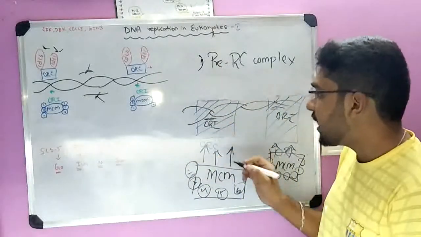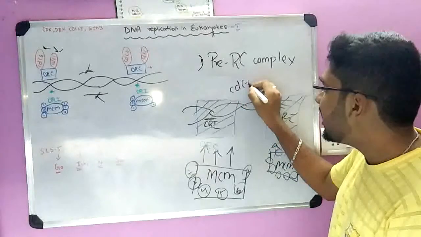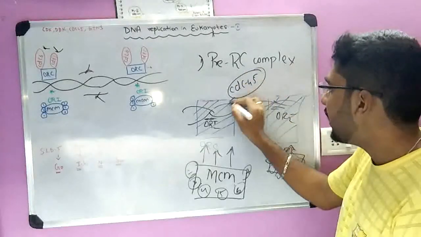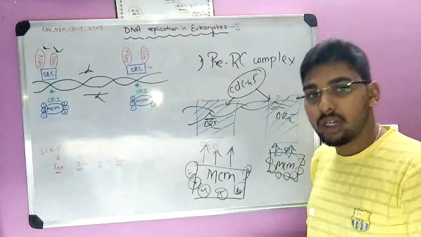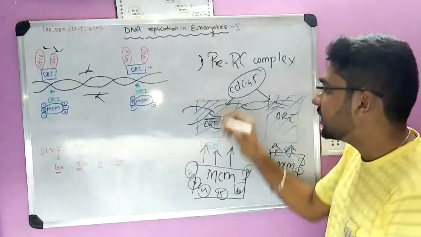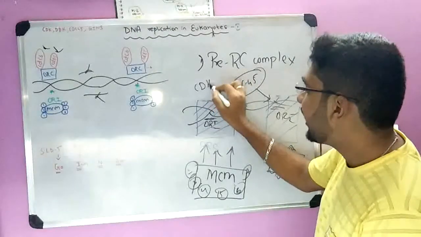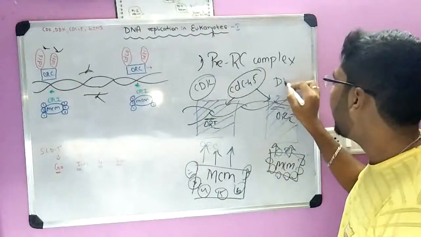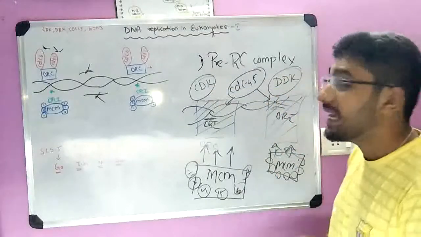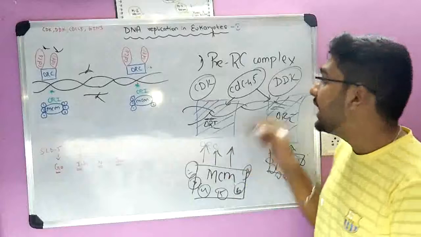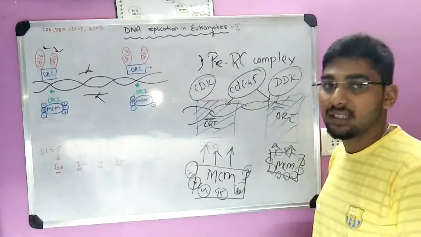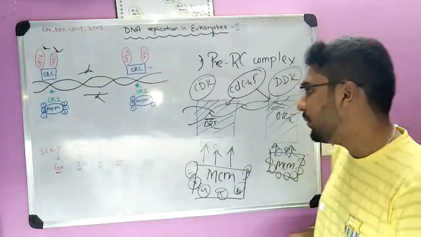Next, another protein called CDC45 comes and binds, along with two more kinases called CDK and DDK. Cyclin dependent kinase, and DBF4 dependent kinase. You can Google the full forms.